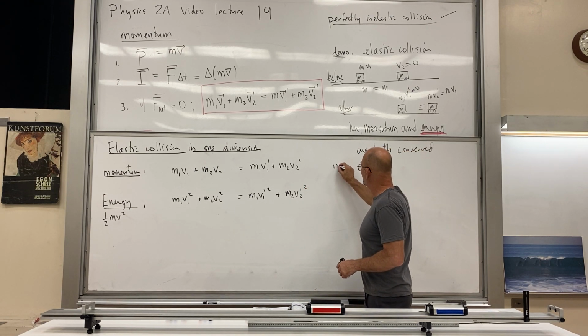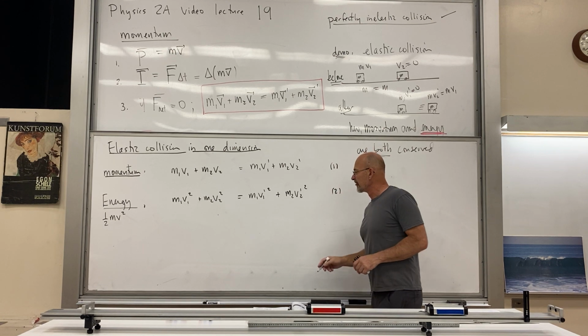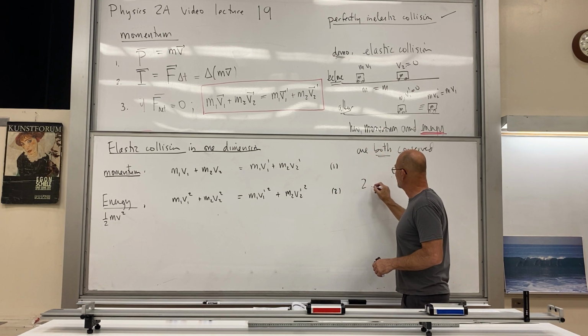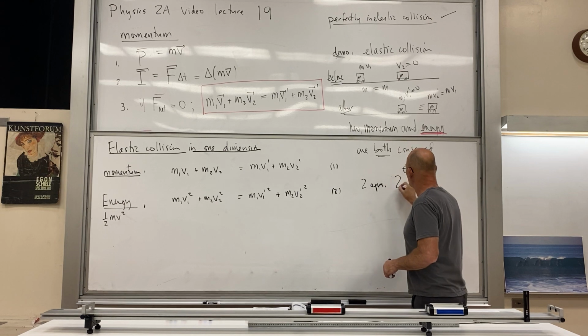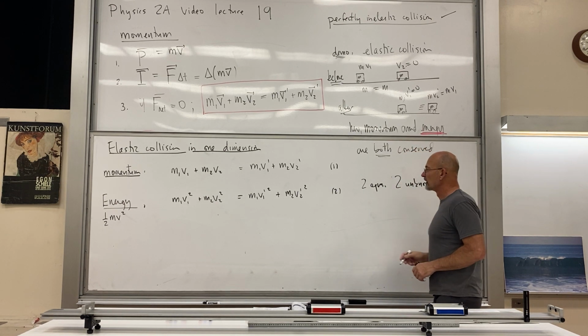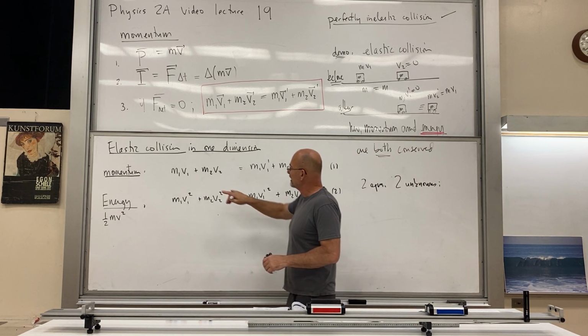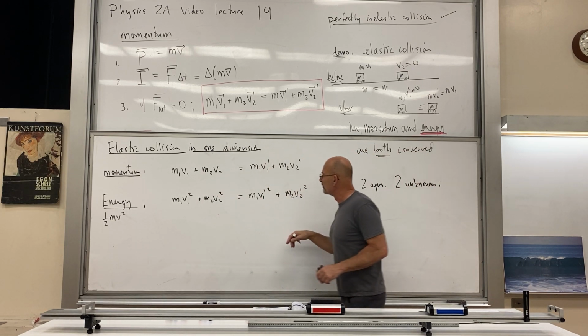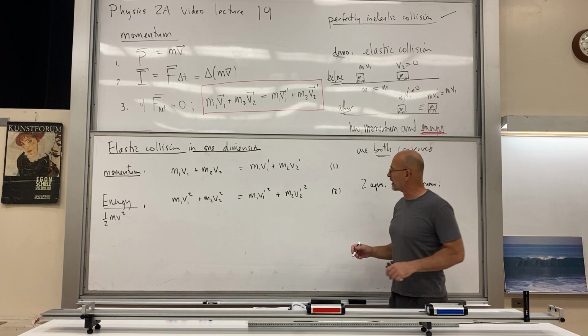Now, two equations, two unknowns. So we imagine we're given v1 and v2, find v1 prime and v2 prime.